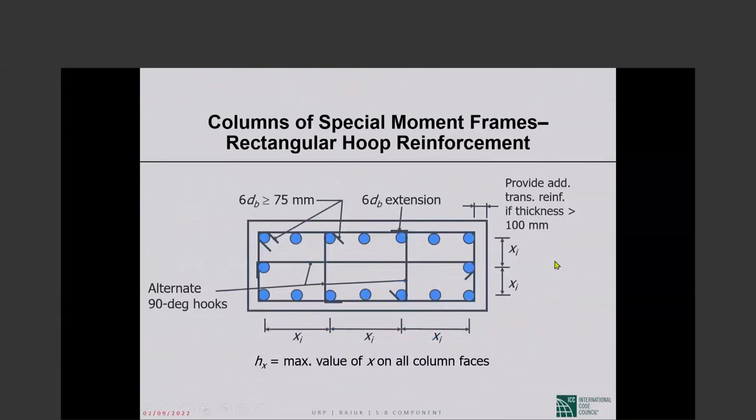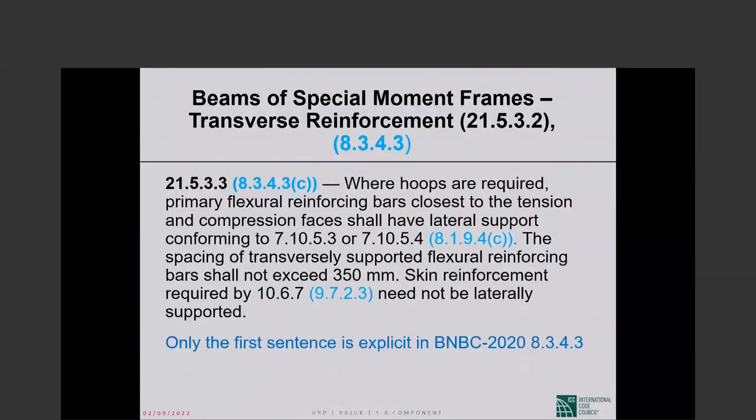So when we talked about non-seismic detailing, I mentioned that in columns, every other bar has to be laterally supported by a corner of a tie or a cross tie, and the maximum clear spacing between a supported bar and an unsupported bar cannot exceed 6 inches. Okay, so that's what this is referring to.